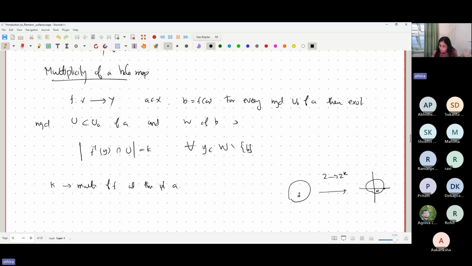If you take any point, say 1, for every Y I can find the kth roots of unity, K images. This is actually called multiplicity.